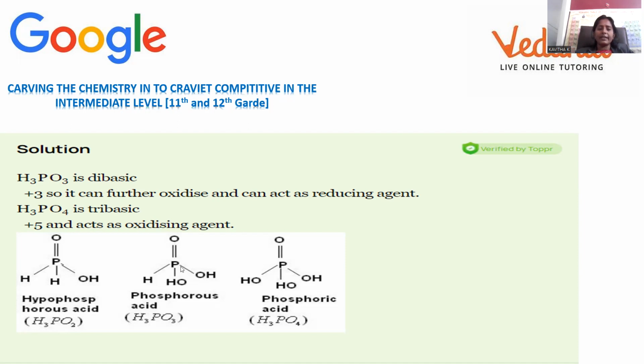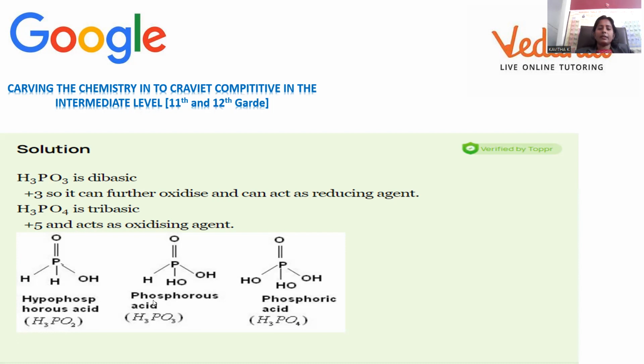And this phosphorus has here -2, here -1, here -1, and +1. Total negative charges are 4. Total positive charge is 1. So our total negative charge becomes -3. So phosphorus is accorded a +3 charge.